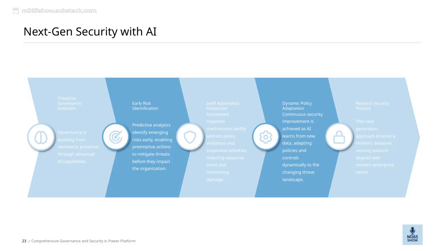This allows us to take preemptive actions before threats can impact the organization, turning a reactive process into a proactive one. Overall, governance is shifting from being reactive to proactive, thanks to advanced AI capabilities. This evolution ensures our security posture is not only resilient, but also adaptable to the fast-changing digital landscape, which is essential for maintaining trust and safety in today's enterprise environment.